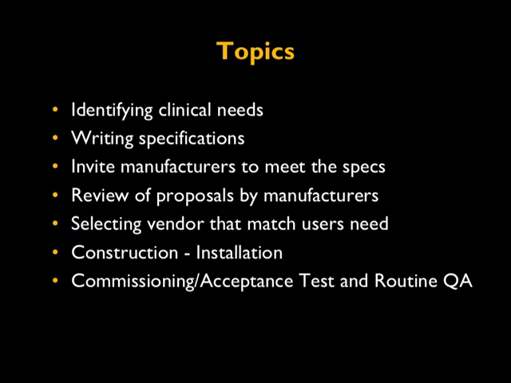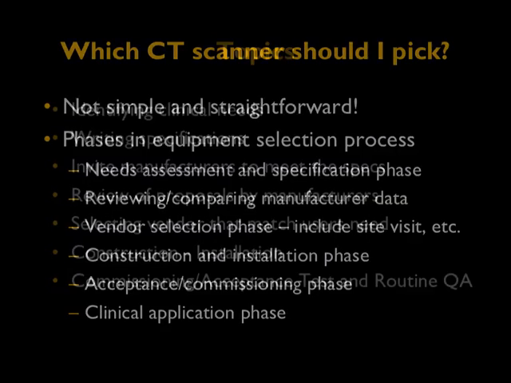That is followed by the construction and installation of the CT scanner. The final piece of this whole process is the commissioning, also called acceptance testing, and setting up a routine quality assurance program before the scanner is used on patients. This is the idealistic process, which is what one needs to follow.